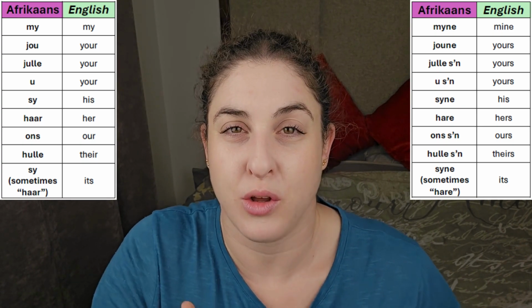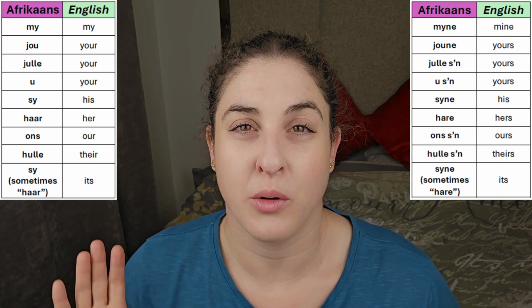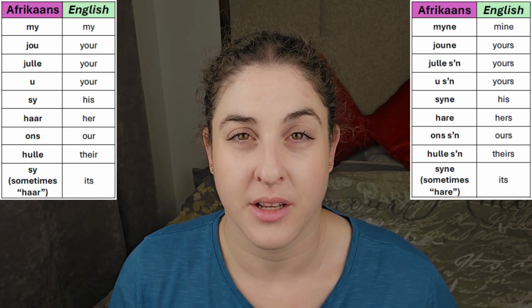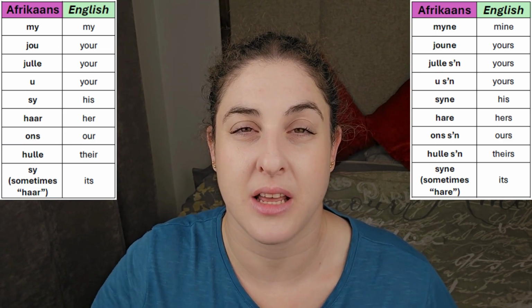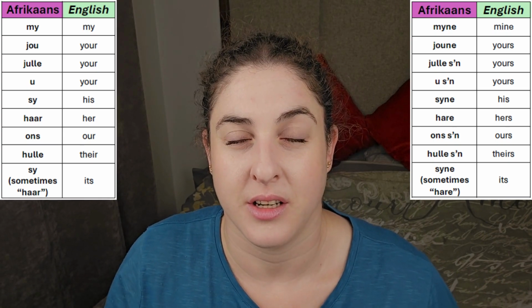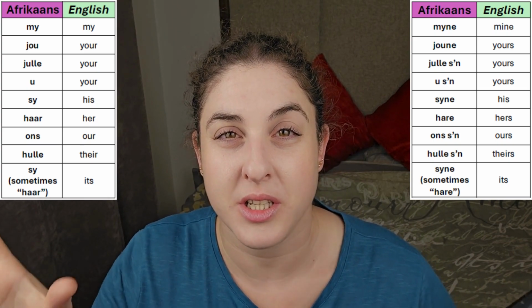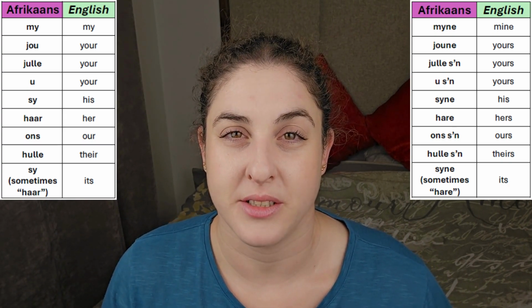It describes your money. But if you look at the table on the right, that is the proper possessive pronoun position, where it's the sentence and then your possessive pronoun is at the end. So that's the difference between these two groups in this table. It's just something to keep in mind.